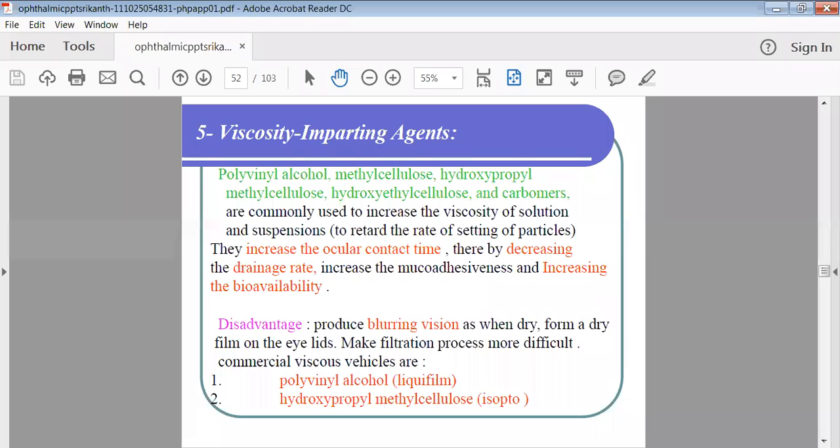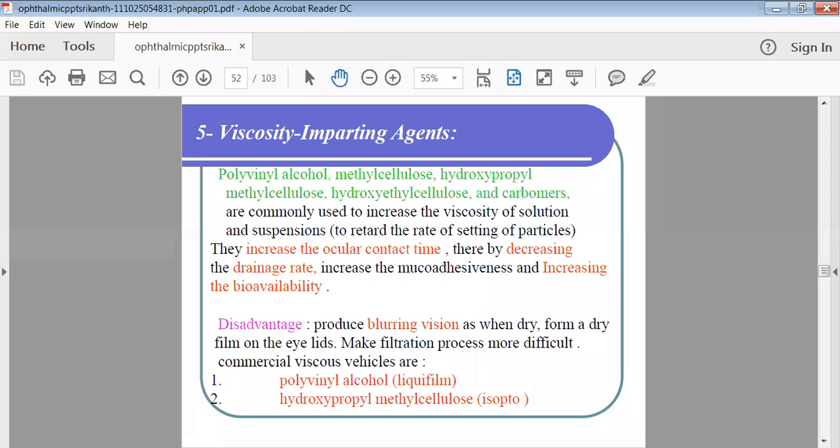But along with these advantages, some disadvantages are also there. When we use a viscous preparation, it generally produces blurred vision, because you cannot see through that solution once it is administered into your eyes.